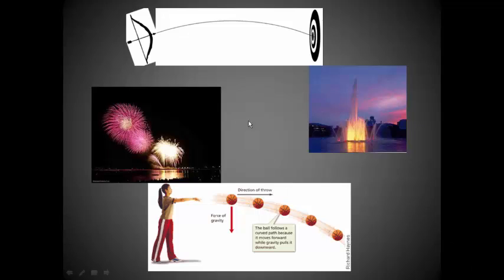If I look, you have the cursor here, you have a curved motion that is pulling the arrow down toward the ground. That's why when you are doing archery, you have to aim a little above the target in order to hit the bullseye. As the arrow flies through the air, gravity is working on it and is pulling it toward the ground, so it gives it a curved path.